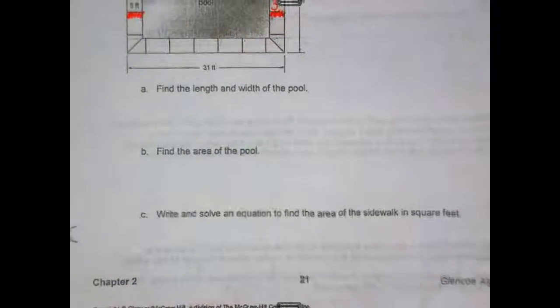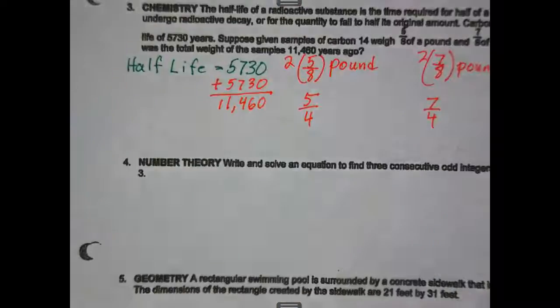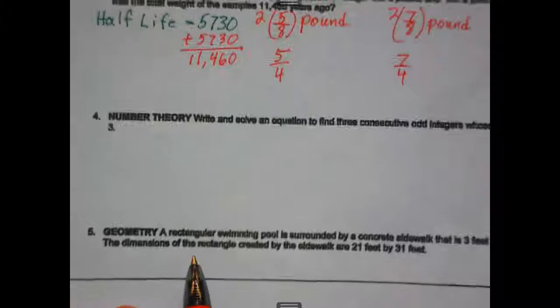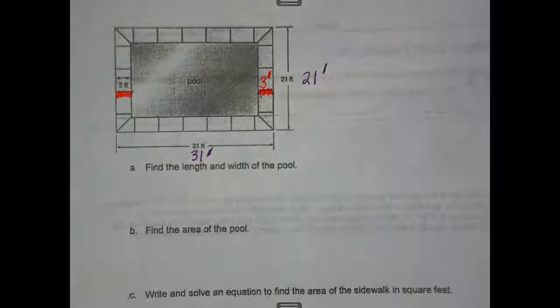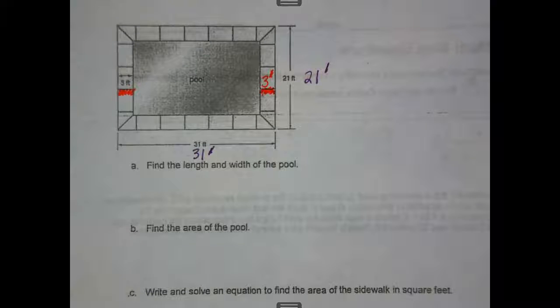Then it says the dimensions of the rectangle created by the sidewalk are 21 feet by 31 feet. It says find the length and width of the pool.